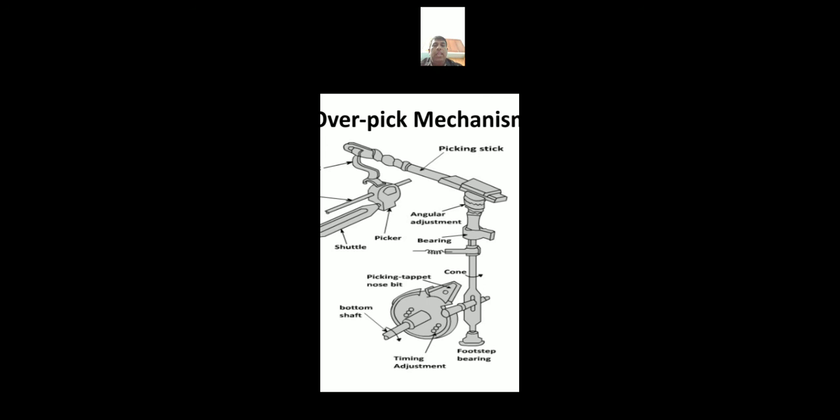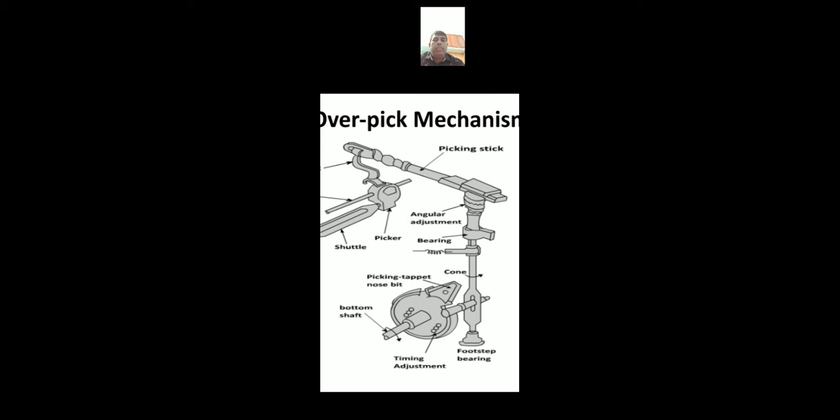The cone here is labelled wrongly. This one is the cone; I will show you in the other diagram. That's why I gave you two diagrams. This is the vertical shaft. The arrow that is rotating is known as the vertical shaft.